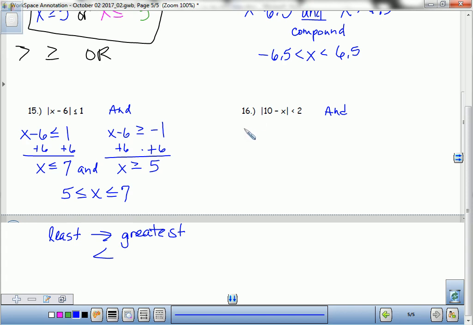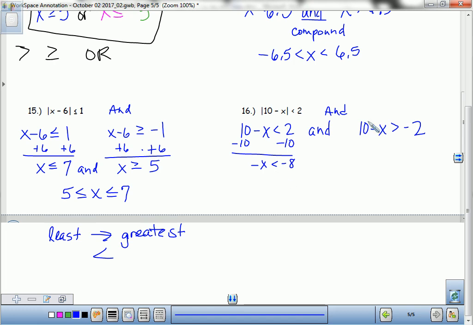All right, now this one. The first one completely stays the same. The second one switches, changes signs. Switch the inequality, change the sign. So we get negative x is less than negative 8.